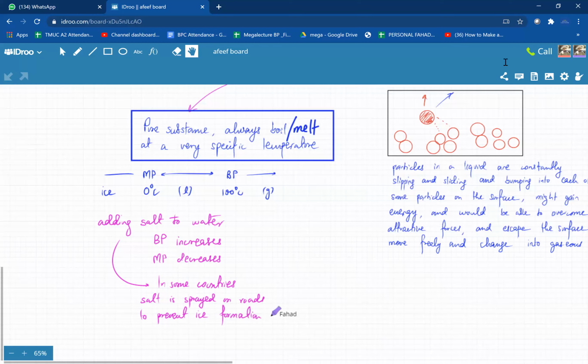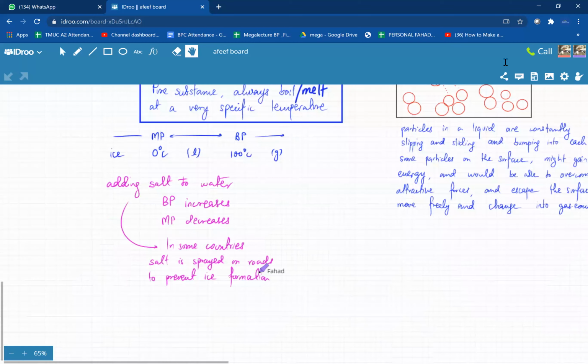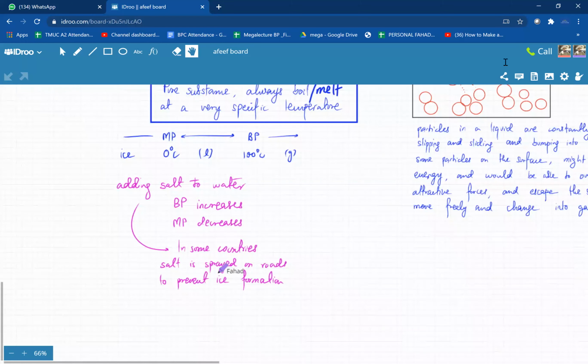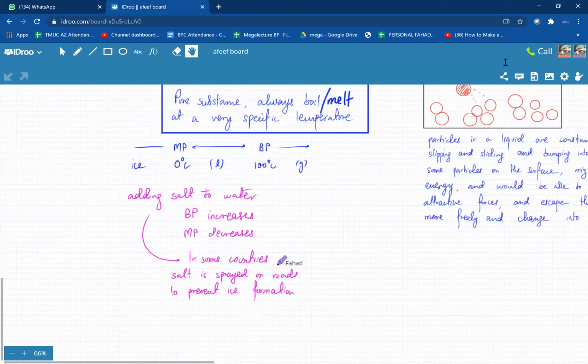In some countries, salt is sprayed on roads to prevent ice formation because the melting point decreases. So it's now easier to melt it. If it were melting at 0 degrees centigrade, now it can melt at -3 degrees centigrade. So that is one advantage of adding salt to water.